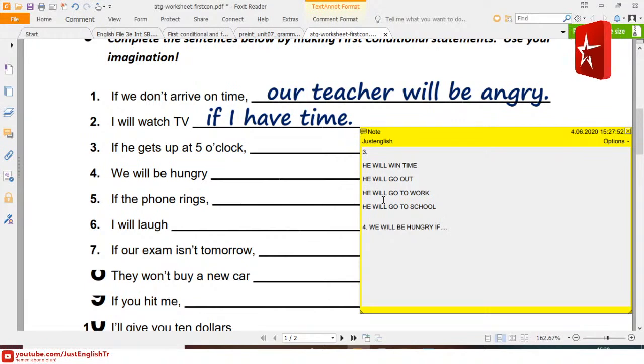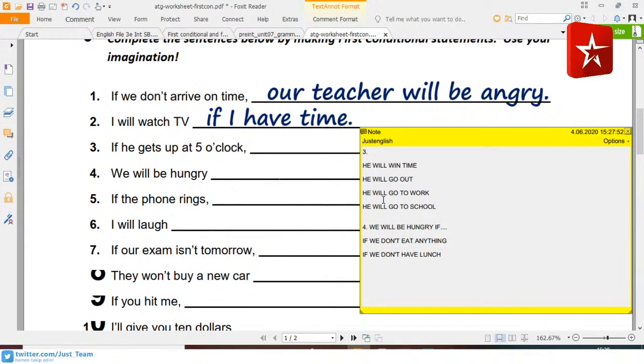If we don't eat anything, yes, we will be hungry. Or if we don't have lunch, we will be hungry.